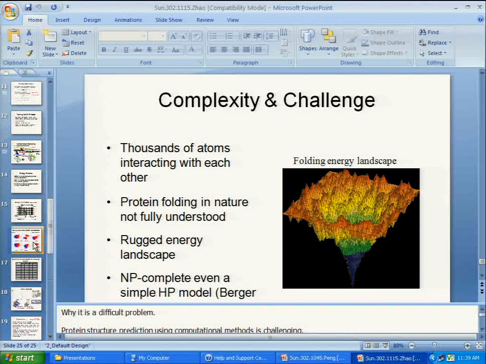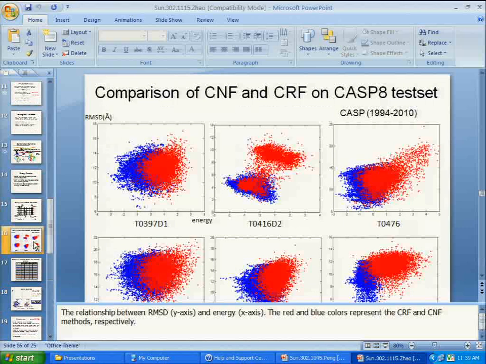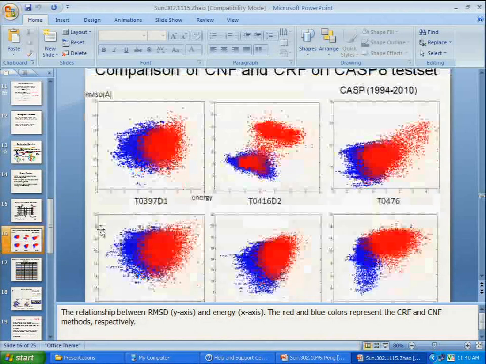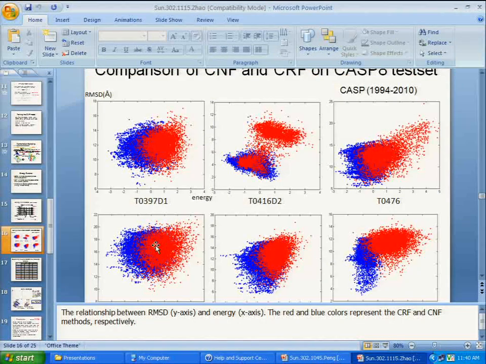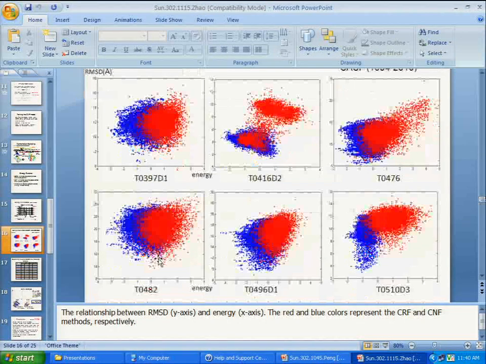I think you can see from here, those 2 targets, this one and that one. The reason why it's not so good is because of the energy.